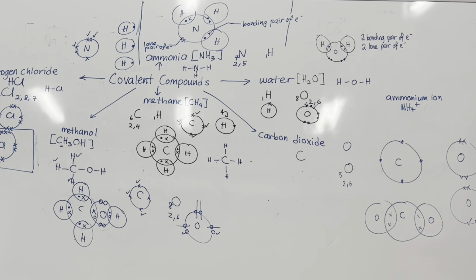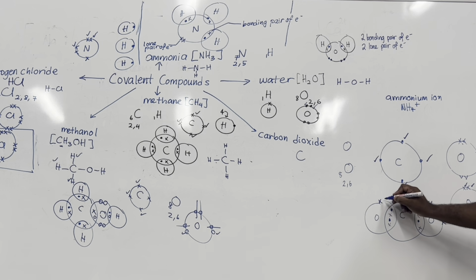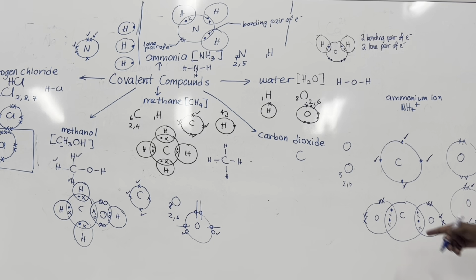Carbon will put forward 2 electrons, and another 2 electrons this side. There's nothing more to put forward here, 0 here. But oxygen only put forward 2 electrons, so each of them has 4 electrons left: 1, 2, 3, 4, and 1, 2, 3, 4. So this can also be written like this.